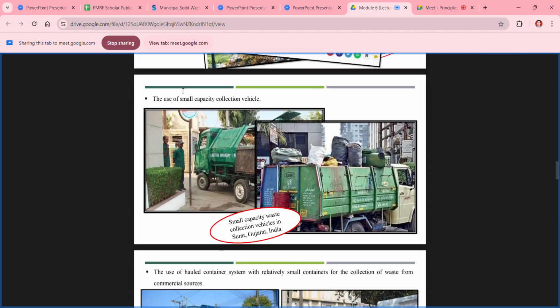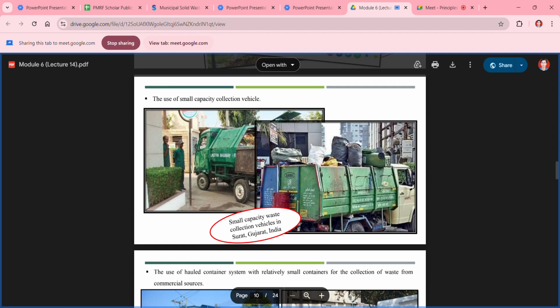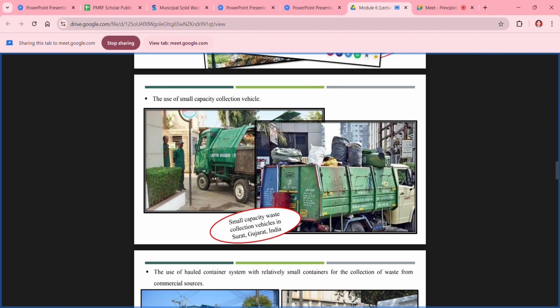So these are the trucks which collect the waste from the households themselves. These trucks may put the waste directly into the transfer station, or they can empty it at some hauled container site or stationary container site.